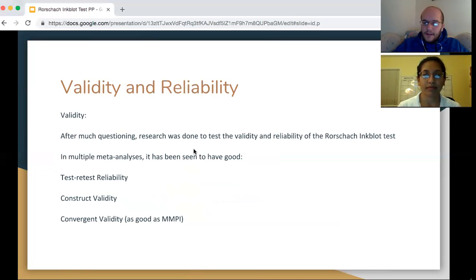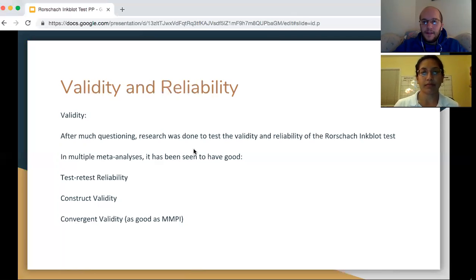As I said, there's a lot of questioning going into the test, and it's still questioned to this day about the validity of the Inkblot test. But after researching this and looking at multiple meta-analyses, it has been seen that the retest reliability of the Inkblot test is very good.